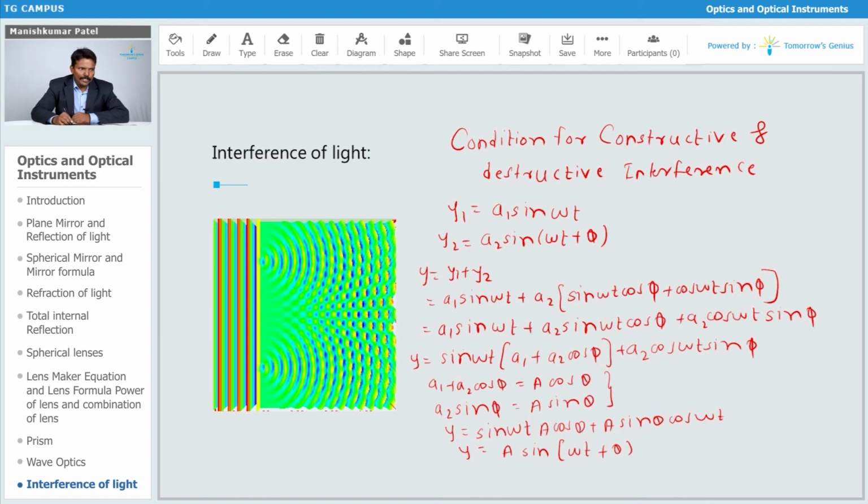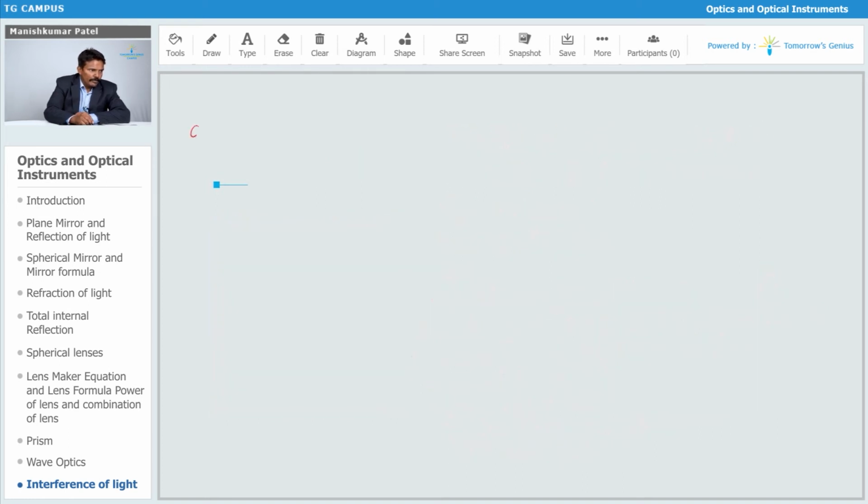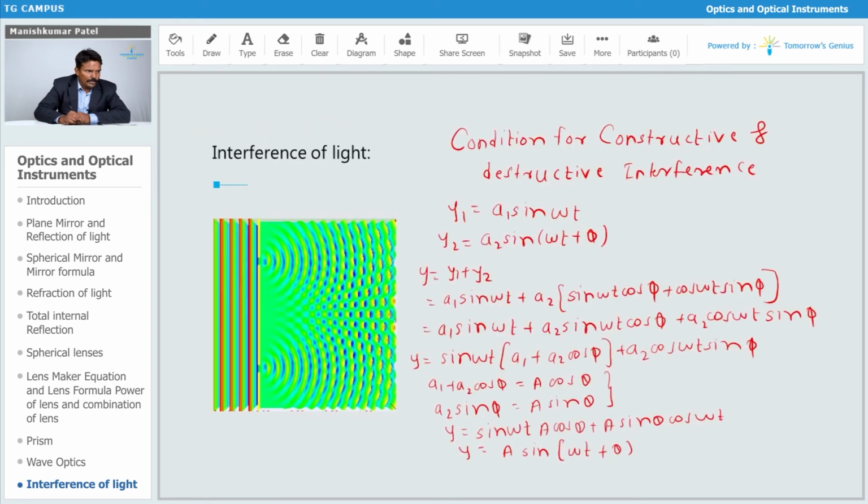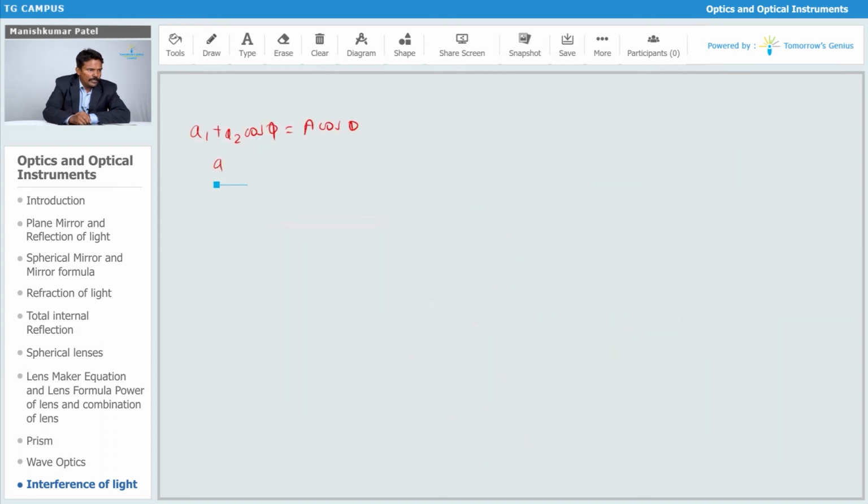What we have written, a1 plus a2 cos phi, is nothing but A cos theta, and similarly for the other wave, a2 sine phi is equal to A sine theta.